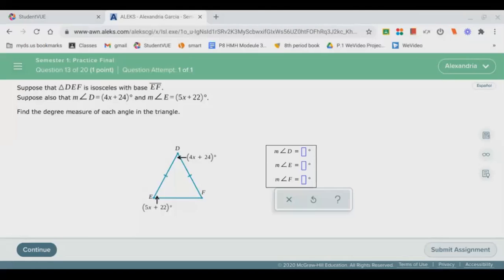Okay, and this is number 13. Okay, so you can stop sharing.